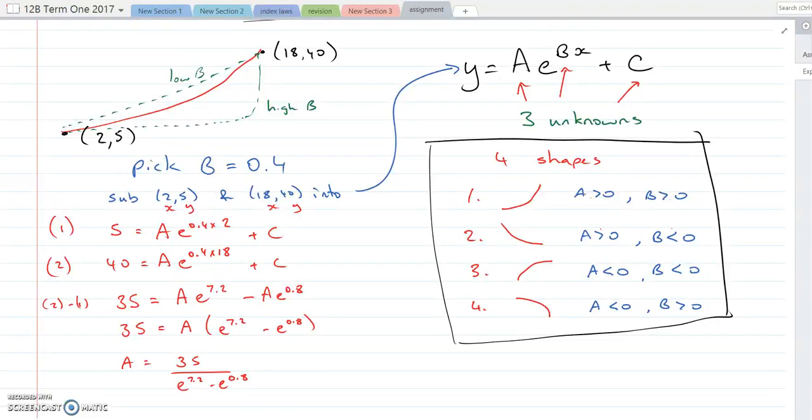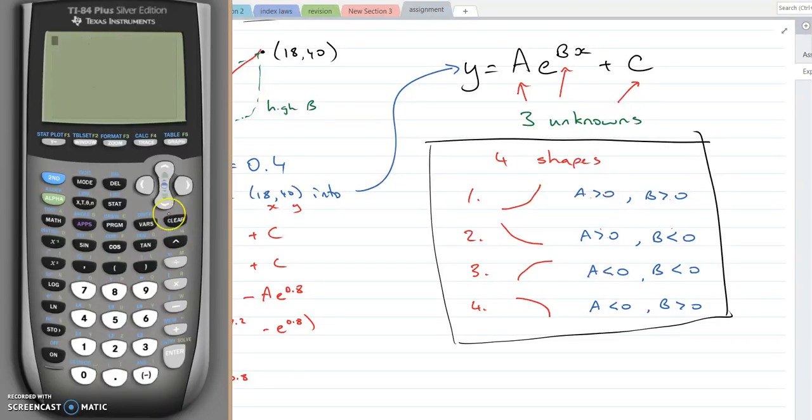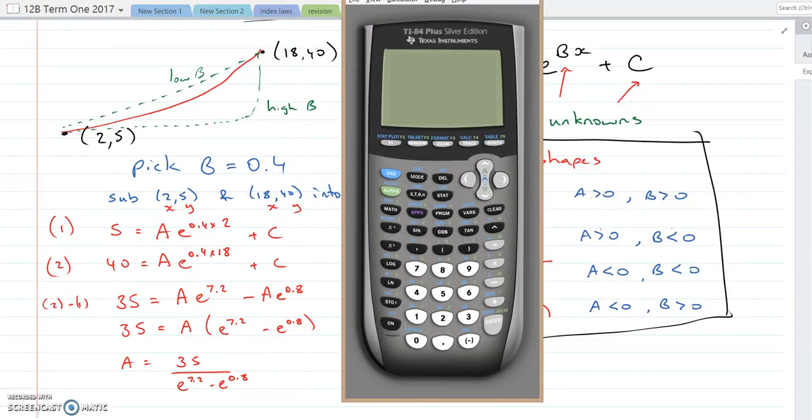I can use my calculator and figure out what a is going to be equal to. 35 divided by e to the 7.2 minus e to the 0.8.